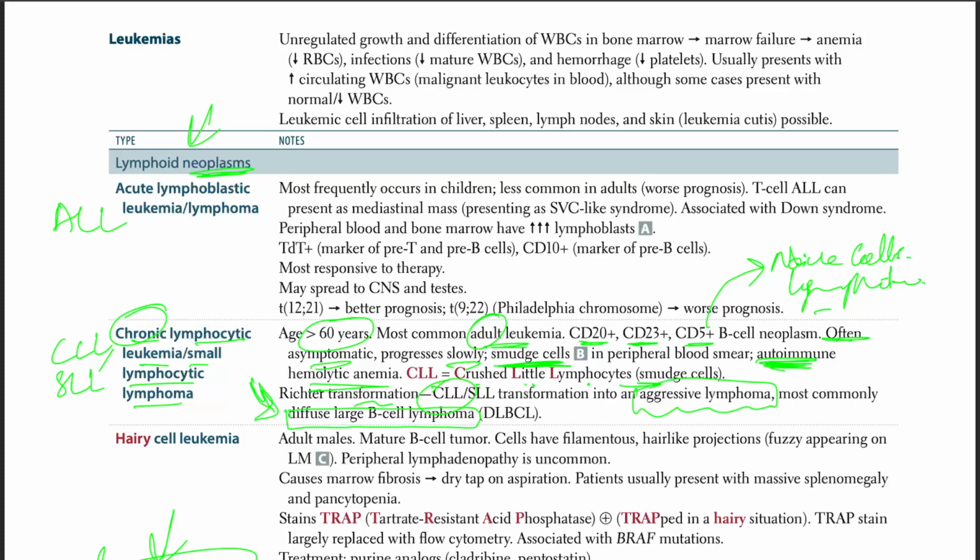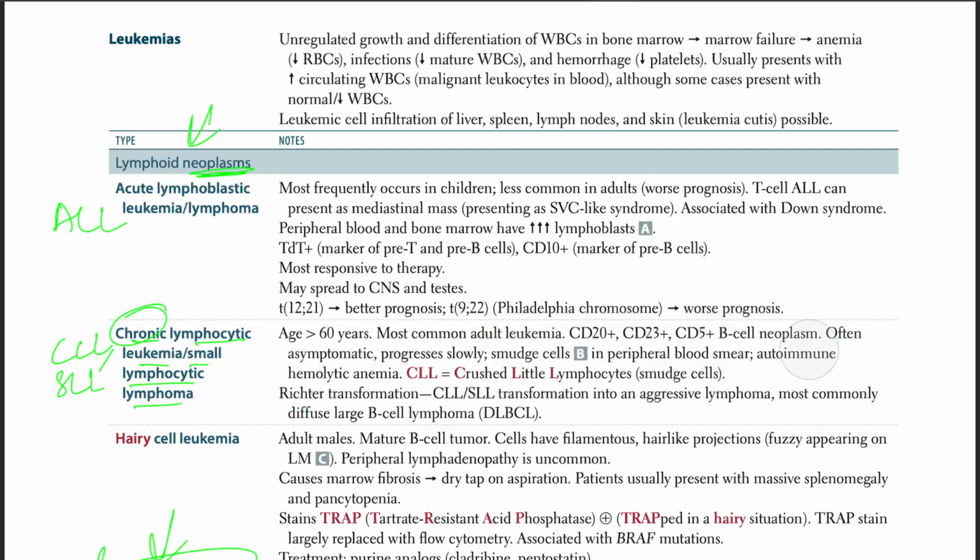Okay, so although they said it is often asymptomatic, how is it going to present with no symptoms? So again, you have the same. If you look up top, you have a patient with pancytopenia, but increase in WBCs. Okay, lymphadenopathies, hepatosplenomegaly.